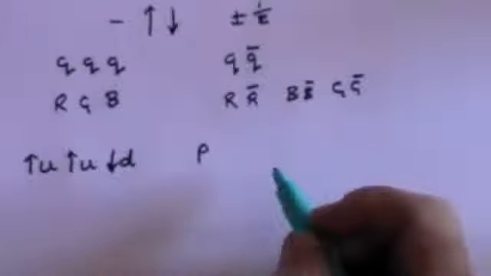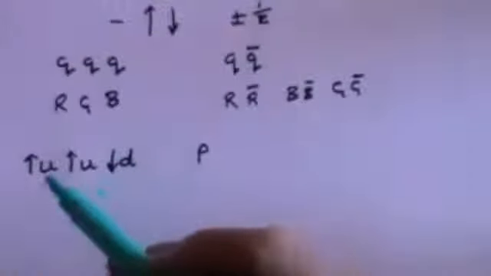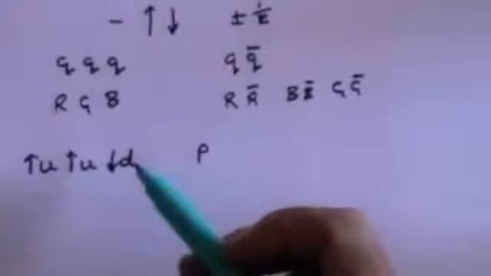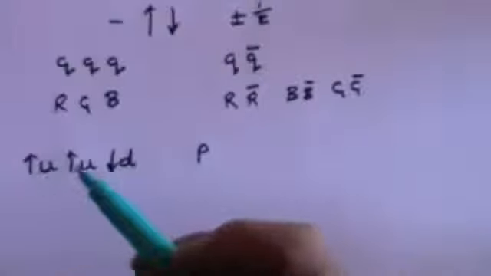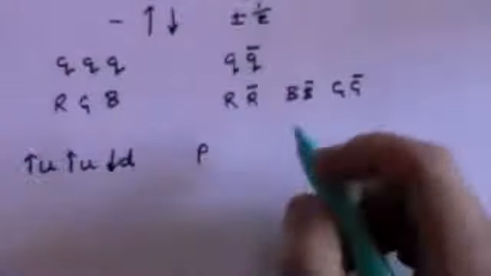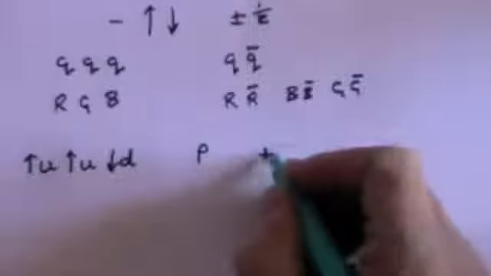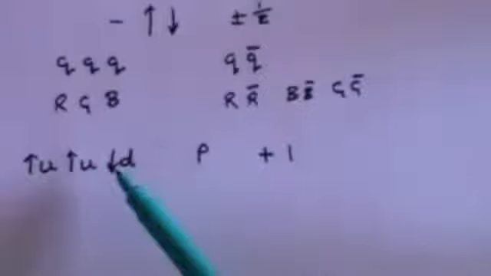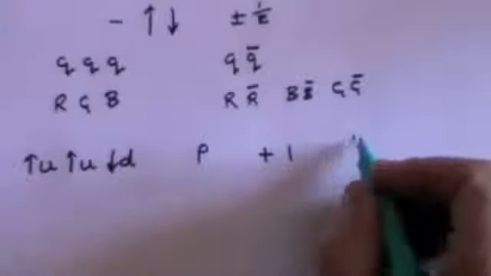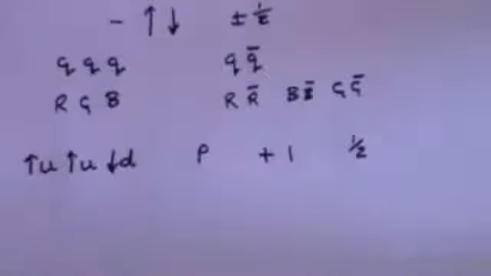It has a charge of 1, because an up quark has a plus 2/3 charge and a down quark has a minus 1/3 charge. So it's 2/3 plus 2/3 minus 1/3 gives you a charge of plus 1. And what is its total spin? Well, it's plus a half, plus a half, minus a half gives you a spin of 1/2.